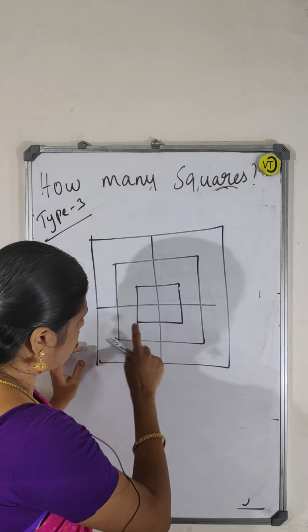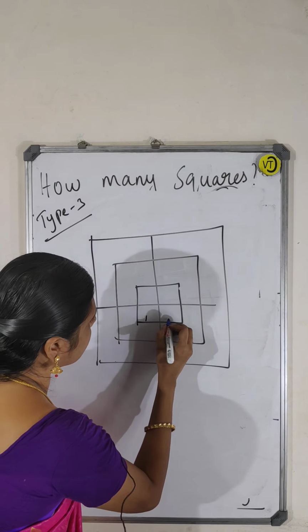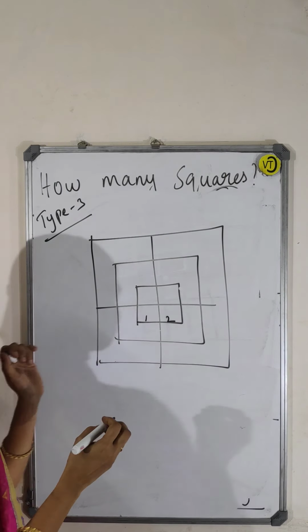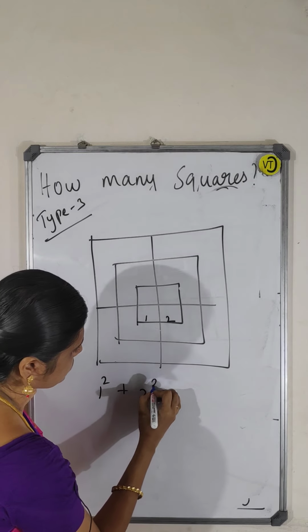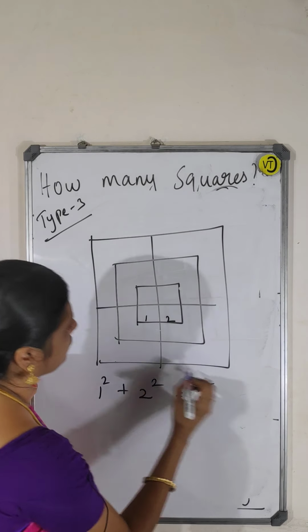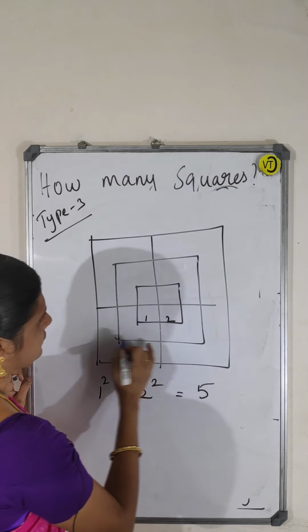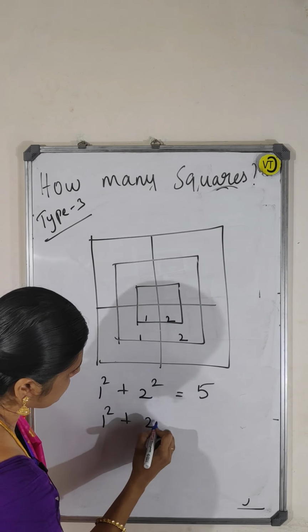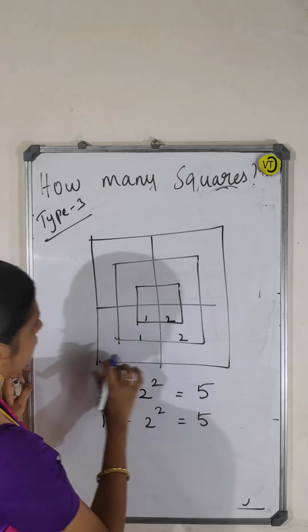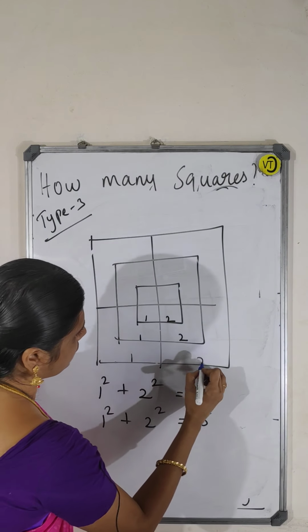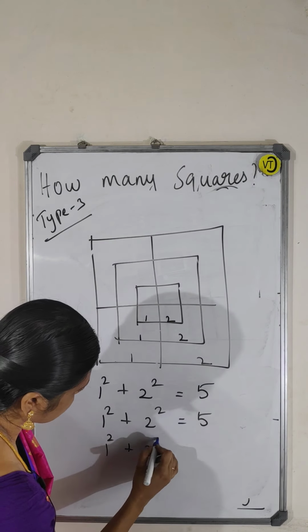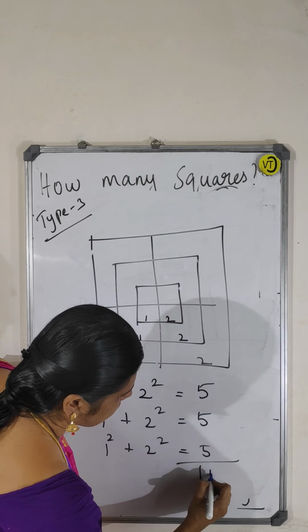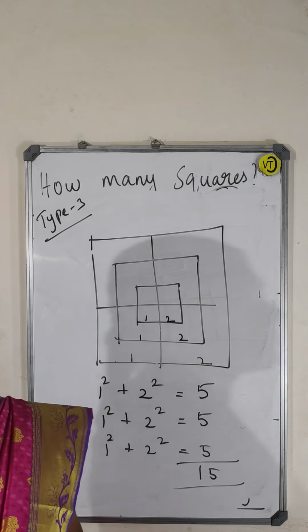So this is 1, 2. What you will do? 1 square plus 2 square, that is 4 plus 1 is 5. Again take this square, 1 again 2. 1 square plus 2 square is again 5. This square again 1, 2. 1 square plus 2 square is 5. Totally 15 squares it should be.